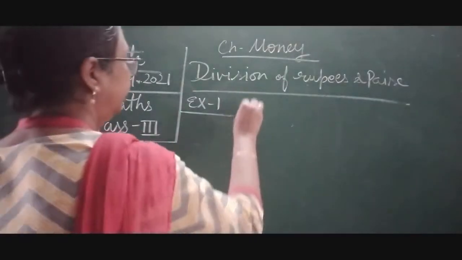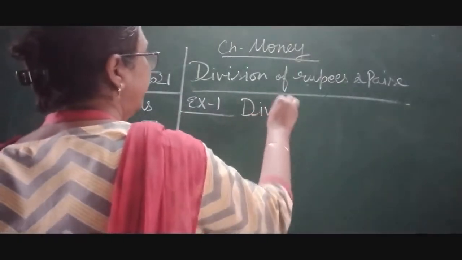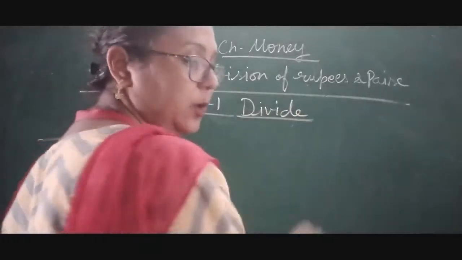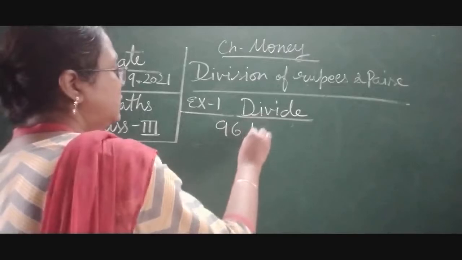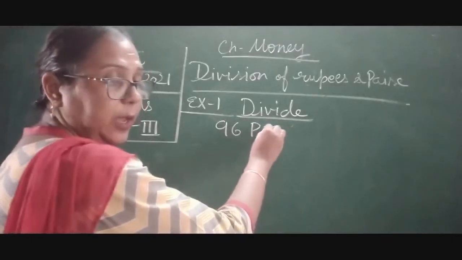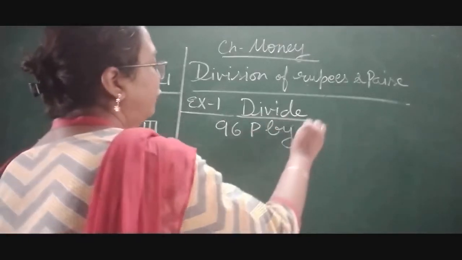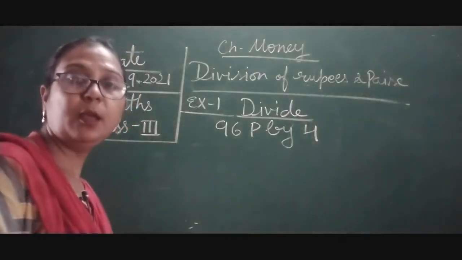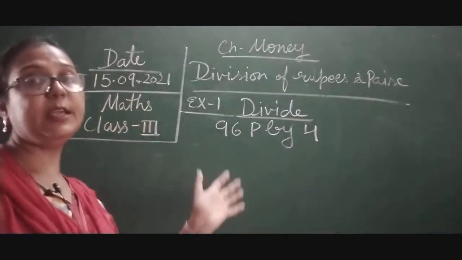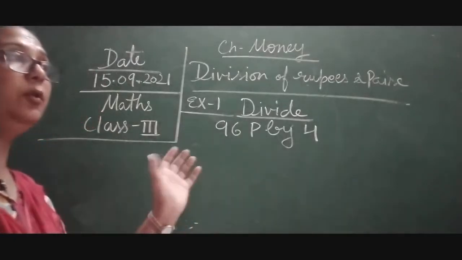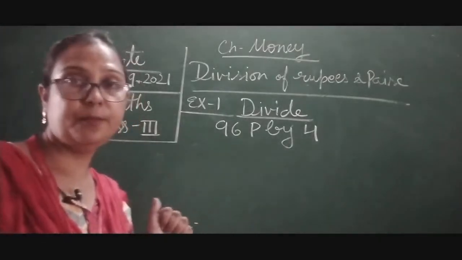Divide 96 paise by 4. This is the first example I am going to show you, of how we can divide paise or rupees in a proper way.